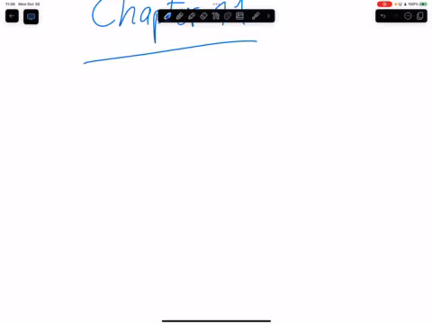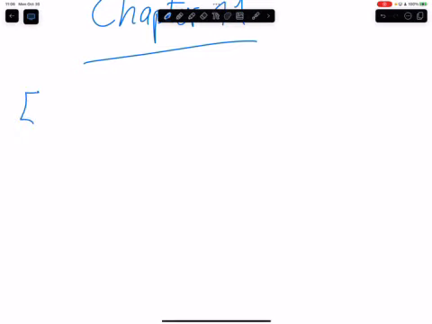So starting off, these are the test scores of a class, placing them in a specific class width. The lowest was 50.